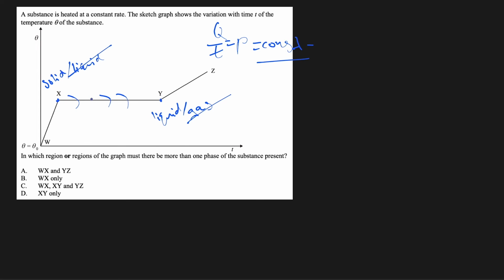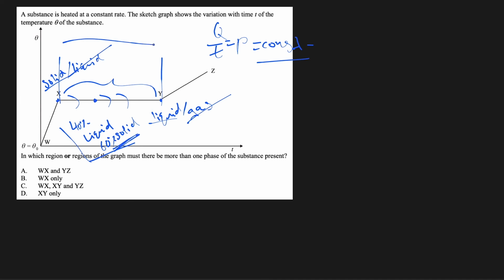Because it's going from a solid to a liquid, if we take this point, for example, it might be maybe 40% liquid and 60% solid. Now these are just numbers that I've made up, but essentially in this region there is going to be some distribution between solid and liquid, because here it becomes fully liquid, here it's solid. So in this process there's going to be some solid, some liquid.